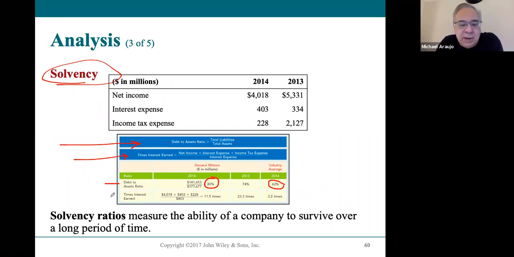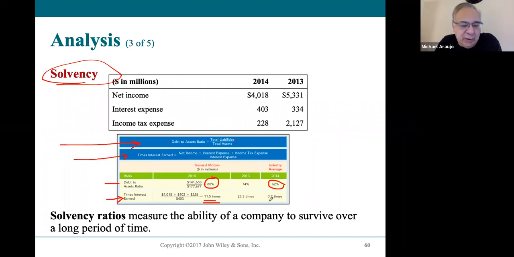Okay. But in terms of their ability to pay the interest on their debt, so this might seem like they have a lot of debt, but is it costing them a lot? Well, how much is their profit able to cover that interest expense? Well, if you take the net income plus the interest expense plus the income tax expense and divide it over the interest expense, you'll see that they have more than 11 times the amount of profit to pay their debt.